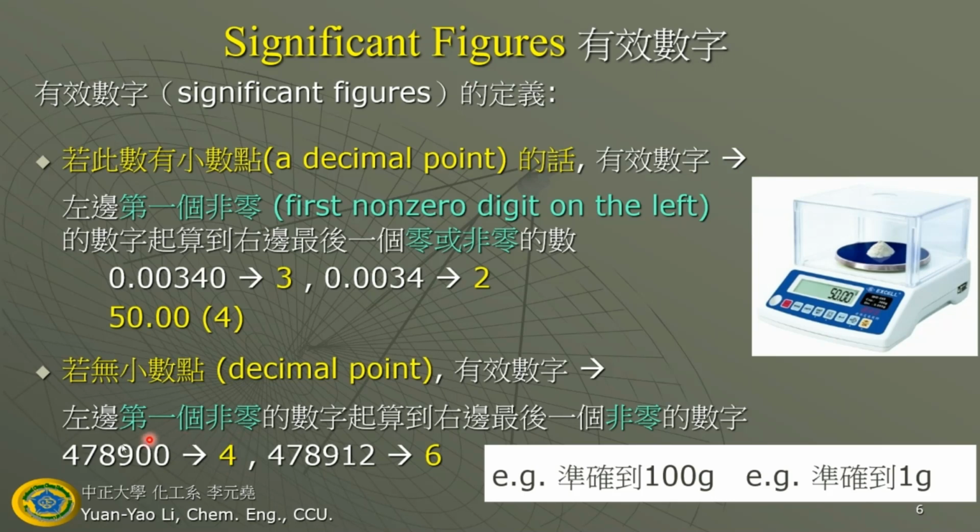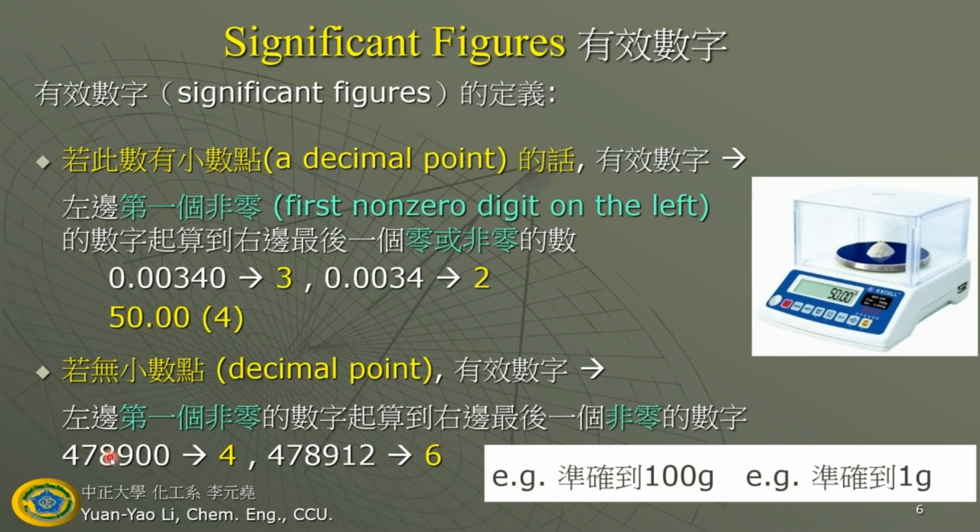And how about this one? You have the first 4 digital numbers the same. 4789, 4789, right? But you got 1, 2 here. So how many significant figures? 1, 2, 3, 4, 5, 6. You have 6 significant figures. So what do these two tell you in terms of balances?